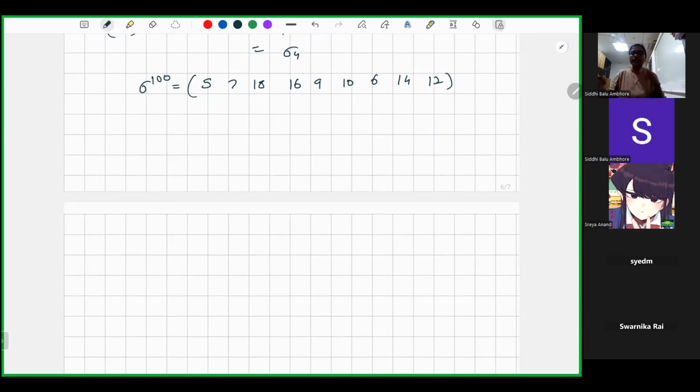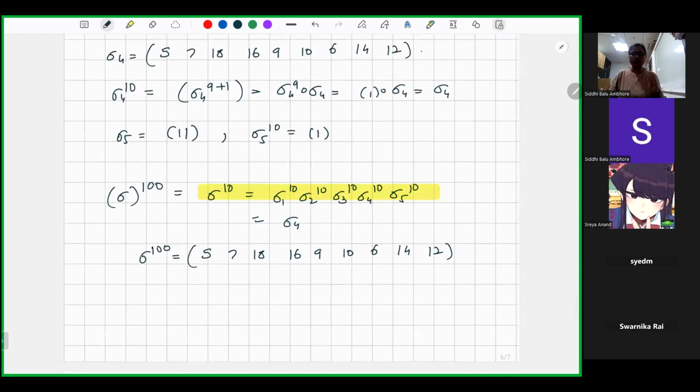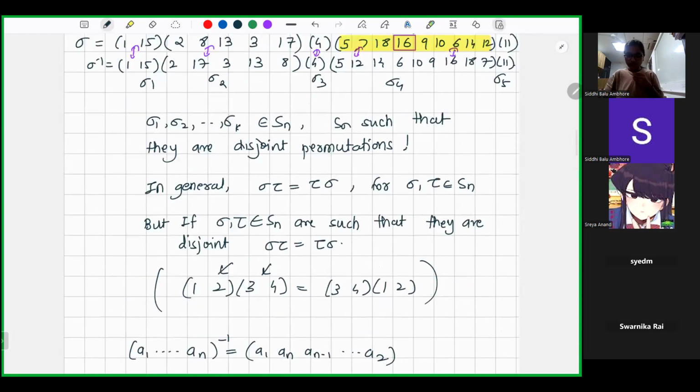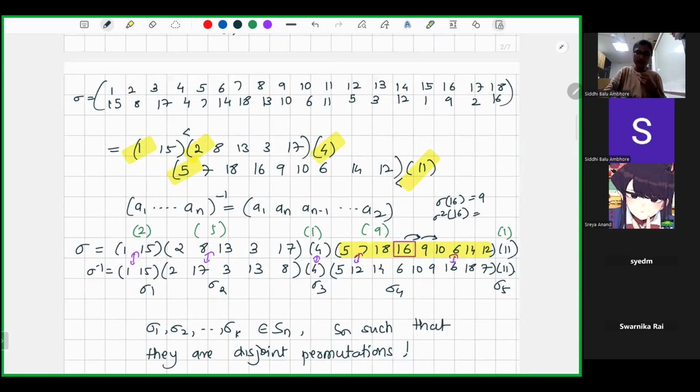We have the cycle representation of sigma inverse here, and I hope you can do it. We will move to the next question now. Just do what we did to sigma, the same thing, and we will get sigma inverse power 101.